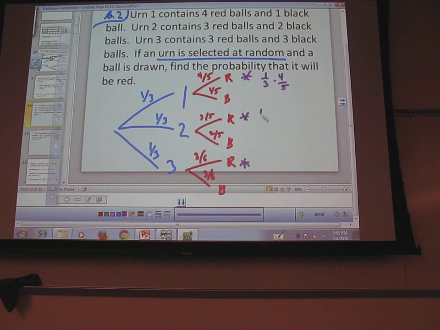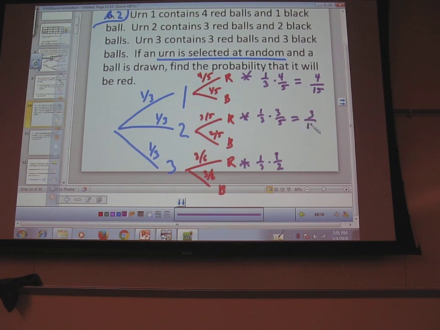This one is 1/3 times 3/5. This one is 1/3 times 3/6. I'm going to simplify it to 1/2, it'll make my life easier later on, because the denominators are not all the same, which is a big pain in the butt. So this one will end up being, again, you multiply the numerators, you multiply the denominators when you multiply fractions.